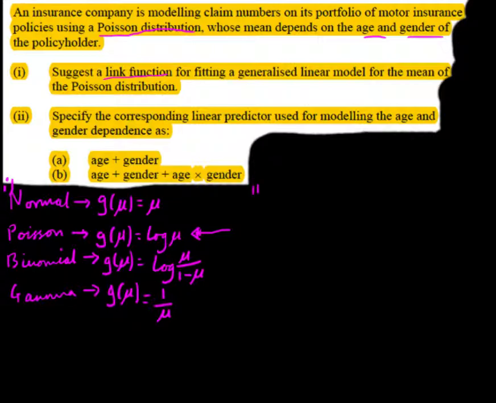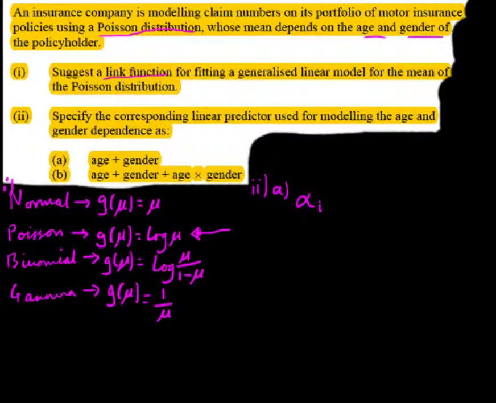And for the second part of this, it's saying specify the corresponding linear predictor used for modeling the age and gender dependence as for A, where it's age plus gender. So what we'd be using is alpha I, where alpha is gender, and so I would be 1 or 2.